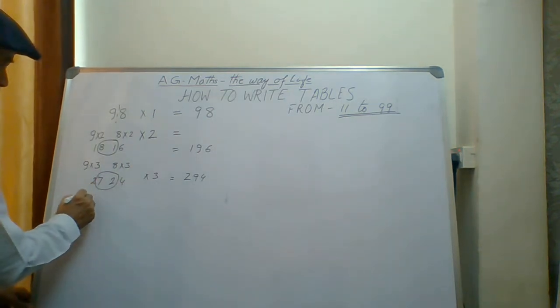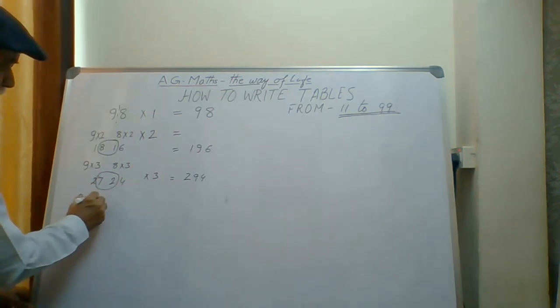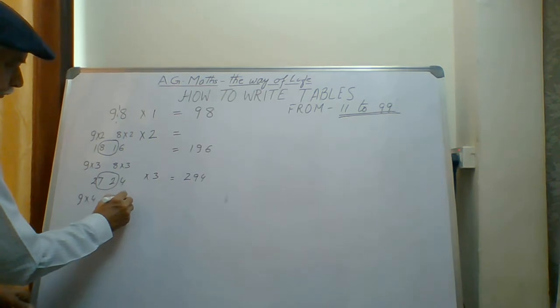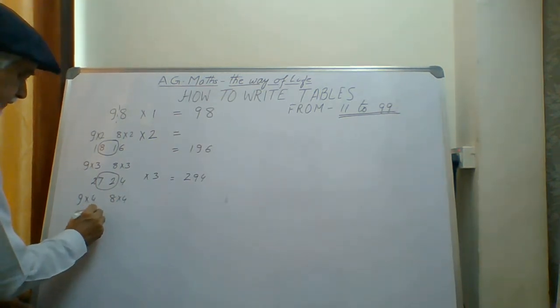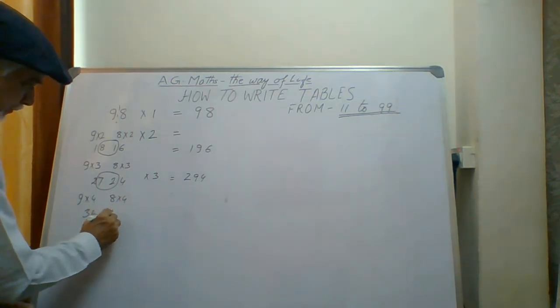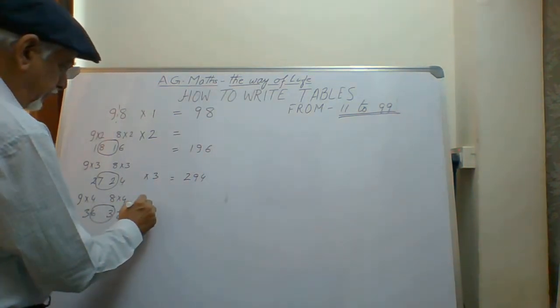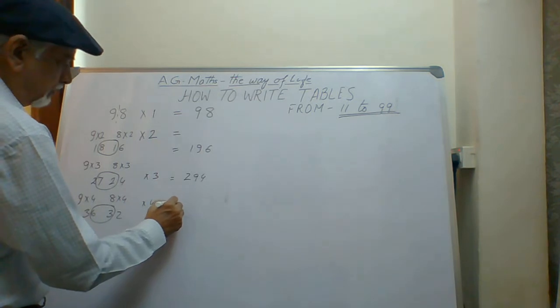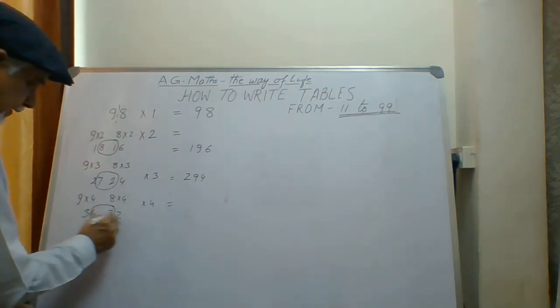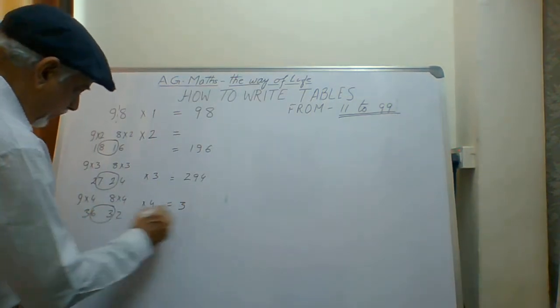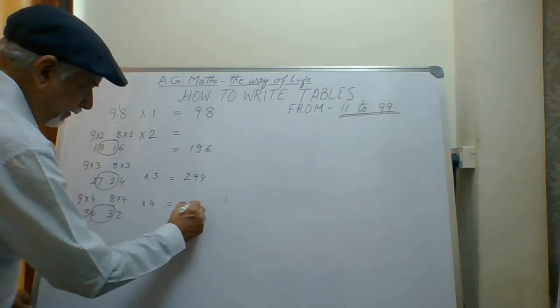If you have to write the fourth one, 9 into 4, then 8 into 4. So you write 36 and you also write 32. And what happens? Add up these two and it's a multiple of 4. So you are getting an answer of 3 and 2 will remain as it is. And the middle one you will add up and write.